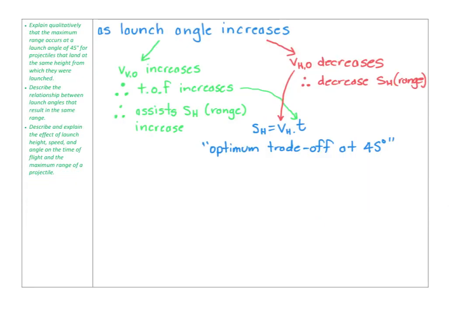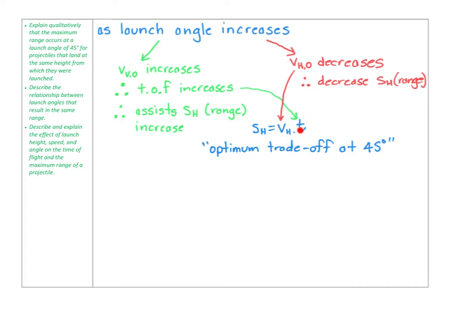Okay, in these next parts, the first thing we need to do is explain qualitatively, which means without numbers, just in words, that the maximum range occurs at a launch angle of 45 degrees for projectiles that land at the same height from which they were launched. As the launch angle increases, we've got two competing effects. Firstly, the vertical velocity increases, which increases the time of flight. Now the range, which is the horizontal displacement, is equal to the horizontal component of the velocity times time.